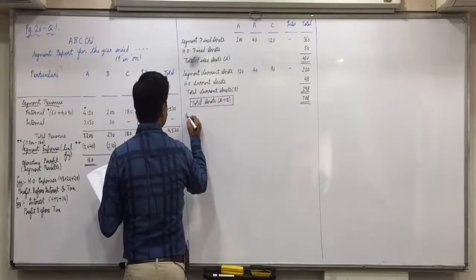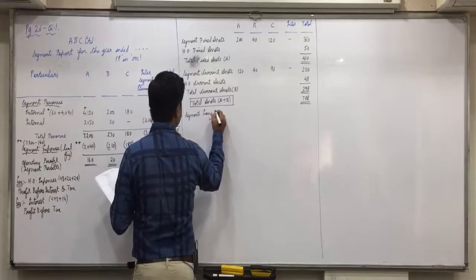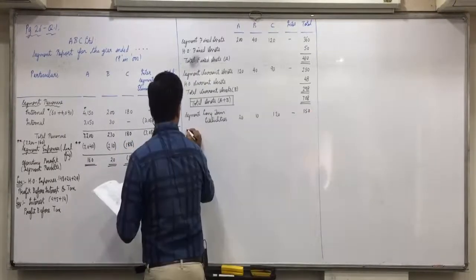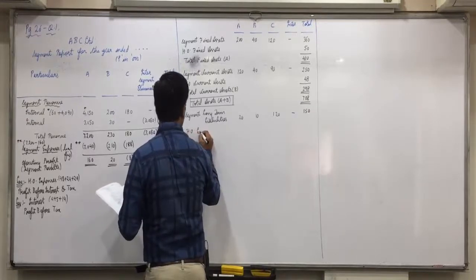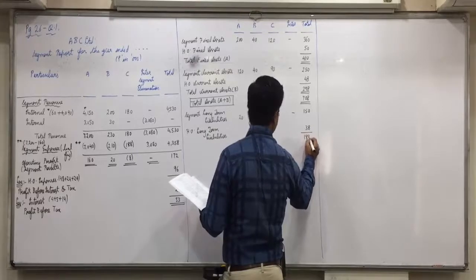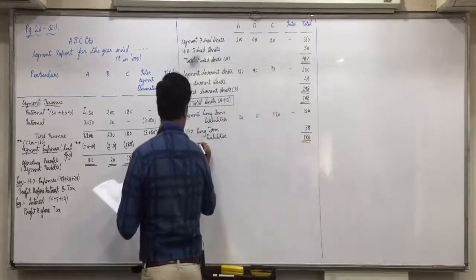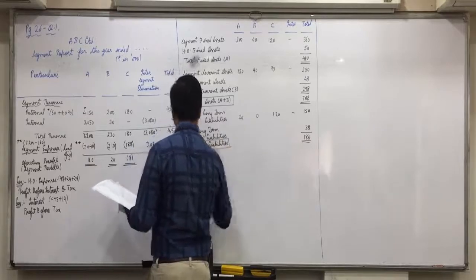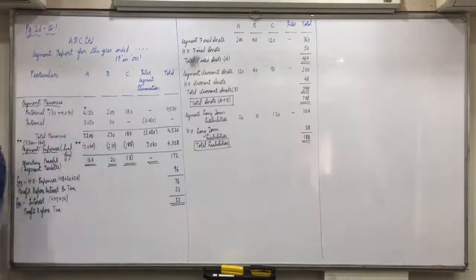Then segment long-term liabilities, 20, 10 and 120, so 150. Head office long-term liabilities, 38, so 188 total liabilities. Okay, so this is how the segment report is going to be prepared. Is anyone of you clear with this?